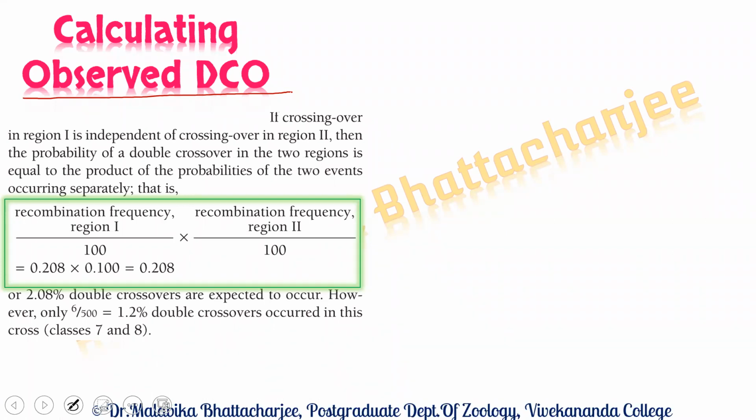So how do we calculate the observed DCO? The observed DCO is calculated by adding recombination frequency region 1 divided by recombination frequency region 2. So that is the observed DCO that you have observed in the cross.